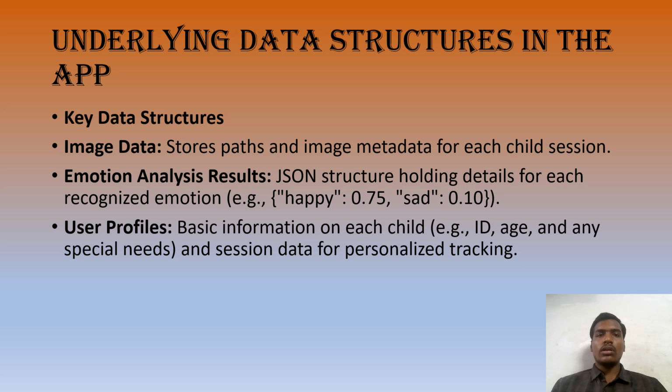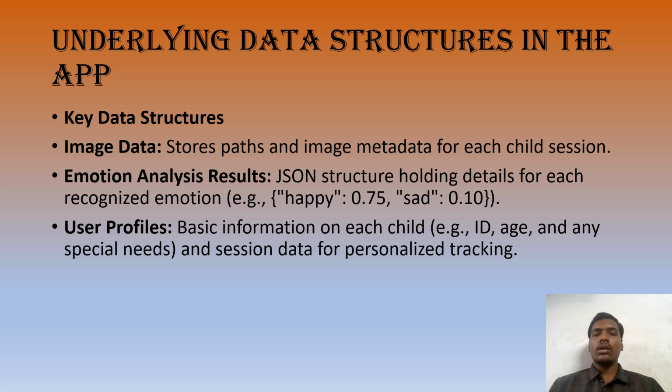So let us see what the underlying data structures in this application are. Image data stores paths and image metadata for each child session, and emotion analysis results. The result is in the form of JSON, which holds the details for each recognized emotion.